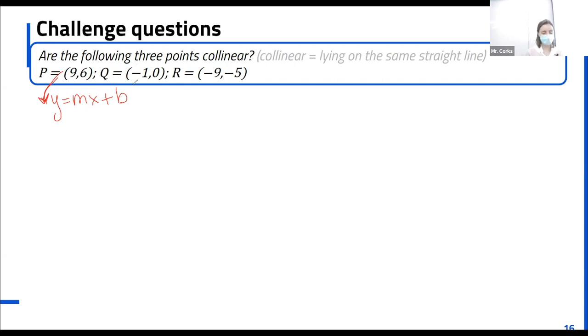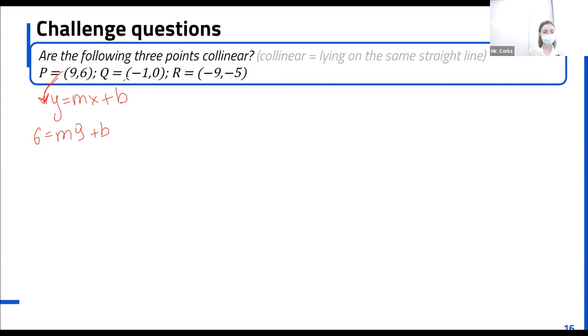So let me show you. Firstly, we will do with p. So y for p is 6, m is unknown, and x is 9. b is unknown. So we have one equation with 2 unknown variables.